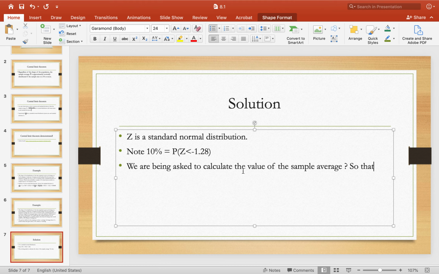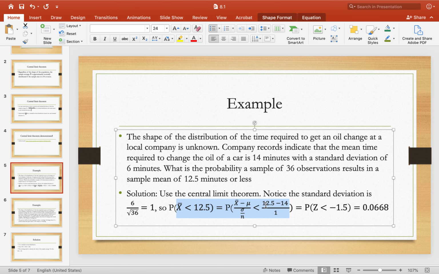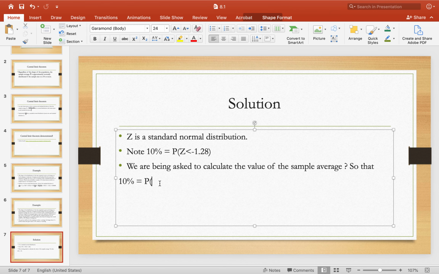So 10% is equal to the probability, and we're going to use the central limit theorem here. 10% is equal to the probability x bar is less than that unknown criteria. Well, I can apply the central limit theorem here by subtracting the mean, which is 14, and dividing by the standard deviation of 1.